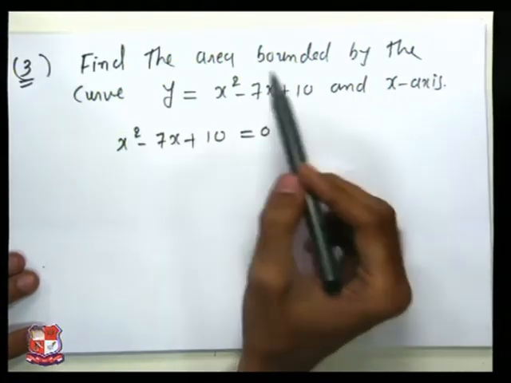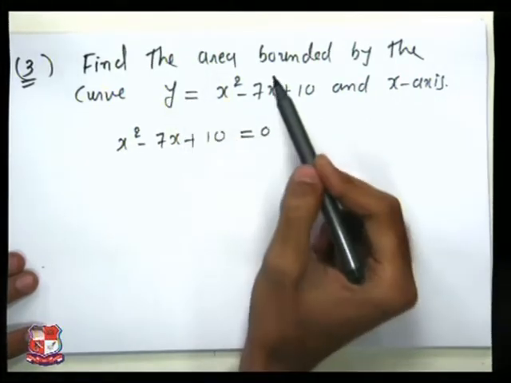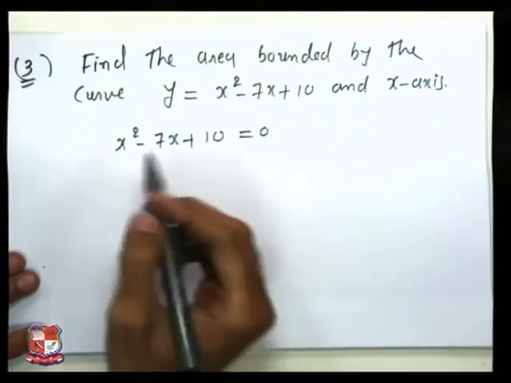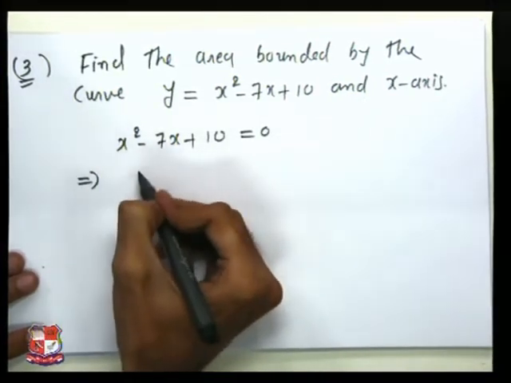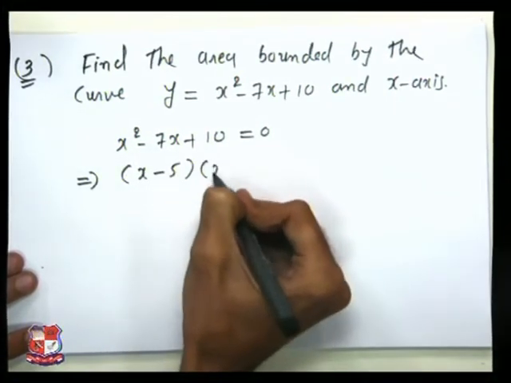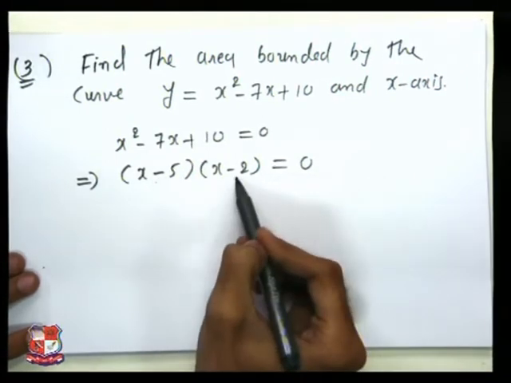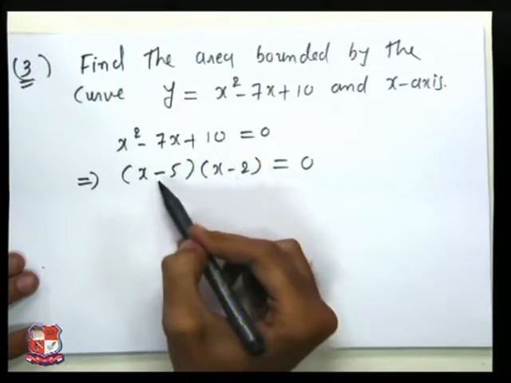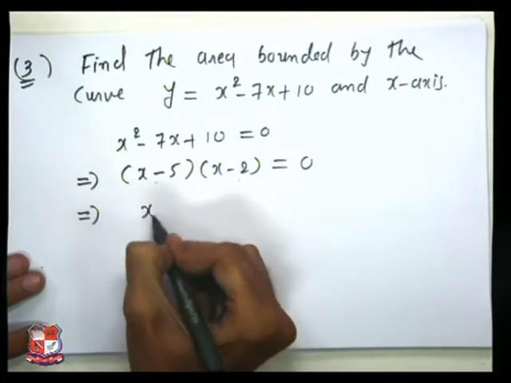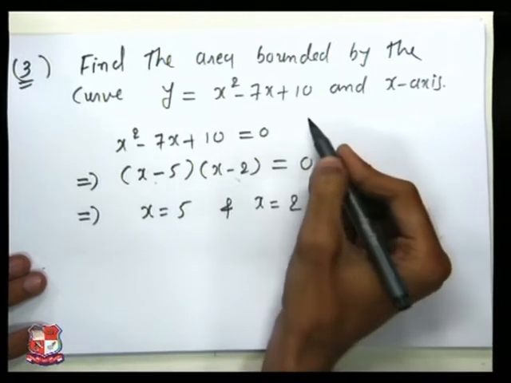So I want to find the crossing point of this curve and x axis. Okay, so we will get (x minus 5)(x minus 2) is equal to 0, because minus 5 into minus 2, that is plus 10, and minus 5 minus 2, that is equal to minus 7. So we will get x is equal to 5 and x is equal to 2 on the x axis, right?